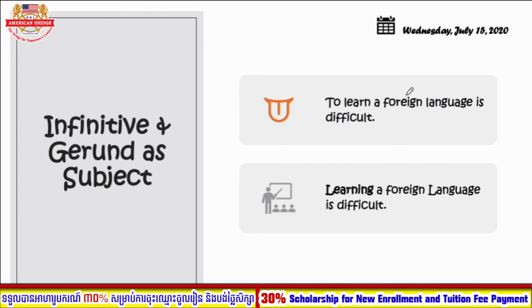Look at some of the examples. To learn a foreign language is difficult. As you can see here, to learn a foreign language is the to infinitive phrase, and in this situation it functions as the subject. Learning a foreign language is difficult. So learning a foreign language functions as the subject of the sentence.